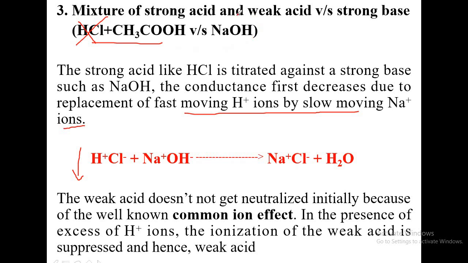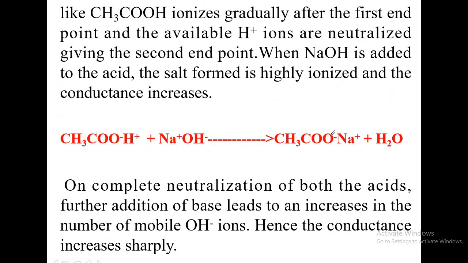But when you add NaOH, acetic acid is slowly converted into sodium acetate, because in the feeble dissociation we have a small number of H plus ions and a small number of acetate ions. These H plus ions react with OH minus ions and water is formed. Acetate ions combine with Na plus forming sodium acetate.